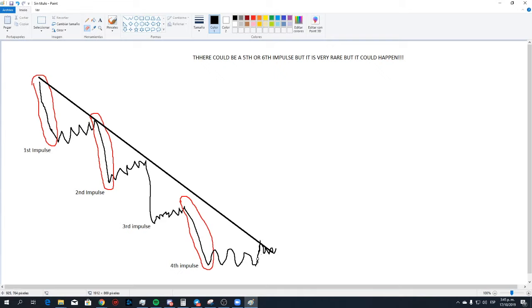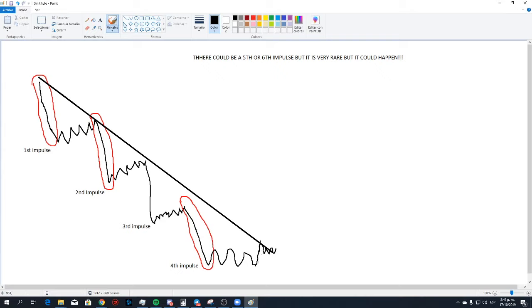It created the first impulse here. It created a first impulse, and this impulse is this one.